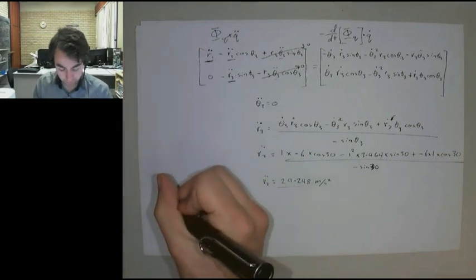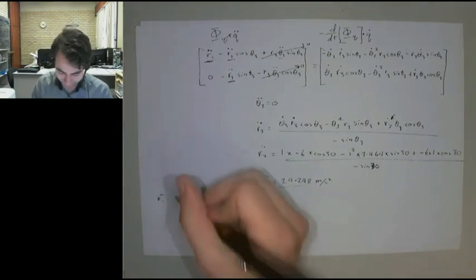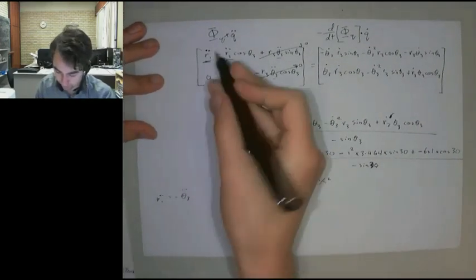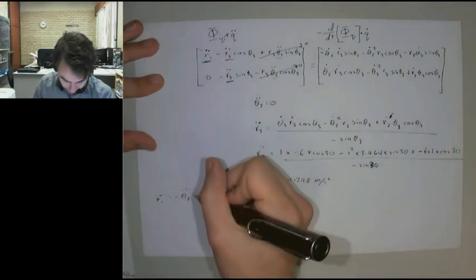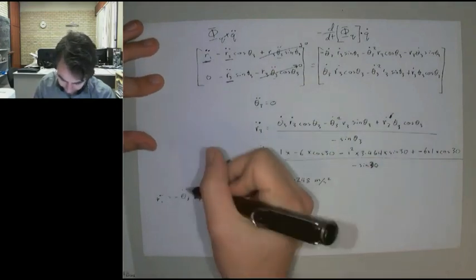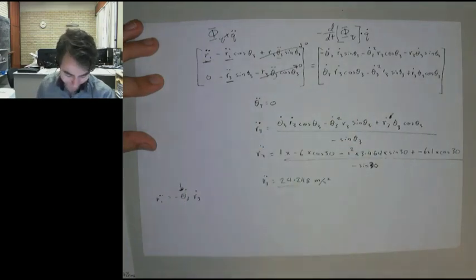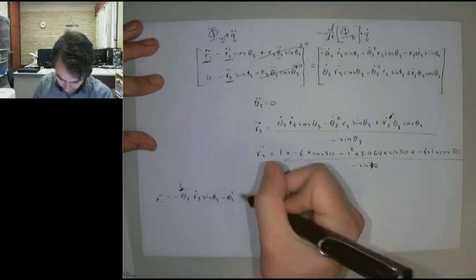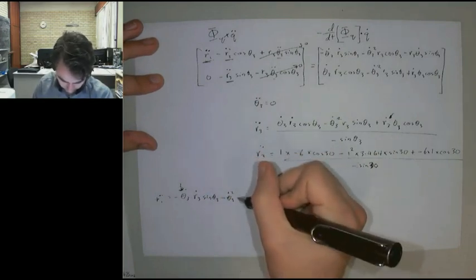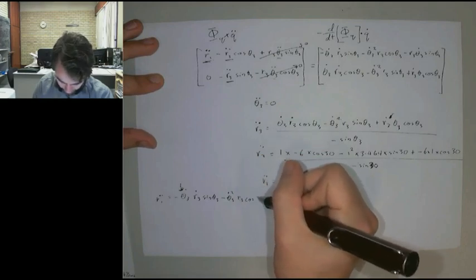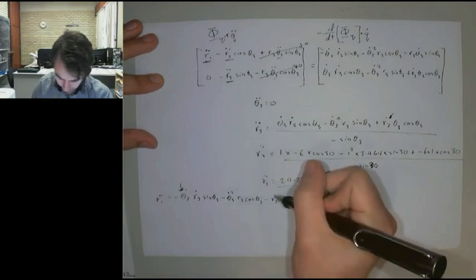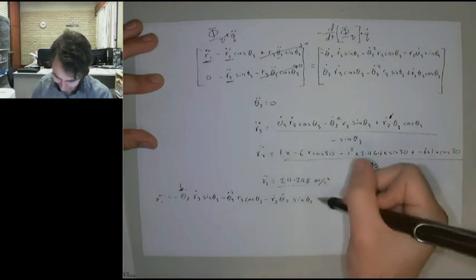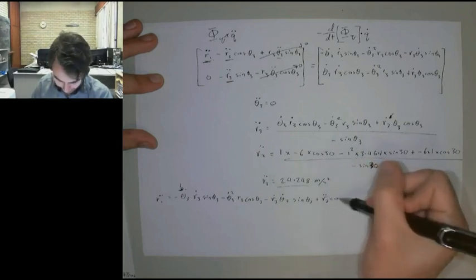I'll put it over on the far left. So again, rearranging it in terms of R1 here will give us, again, sorry, 1 dot. A lot of writing in Jacobians, like so.